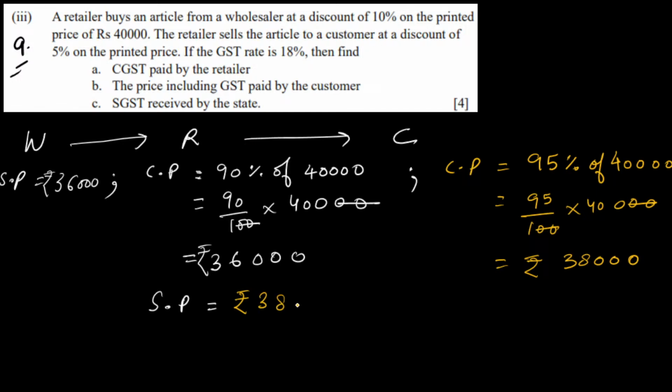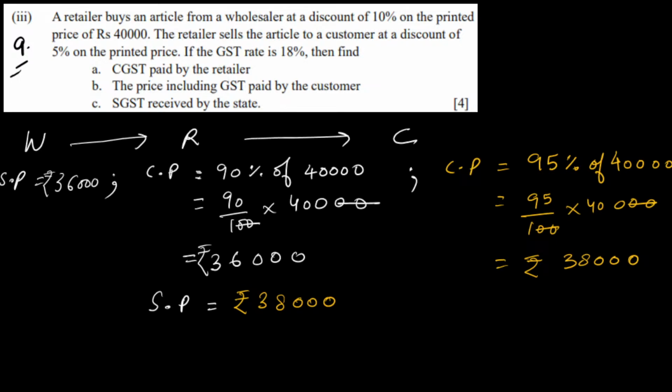The selling price for the retailer will be the same as the cost price of the customer, because this person is selling it and this person is buying it. The same thing works for the wholesaler: the selling price of the wholesaler will be the same as the cost price for the retailer, because this person is buying from this person. So I have written the selling prices and cost prices of the retailer and customer.